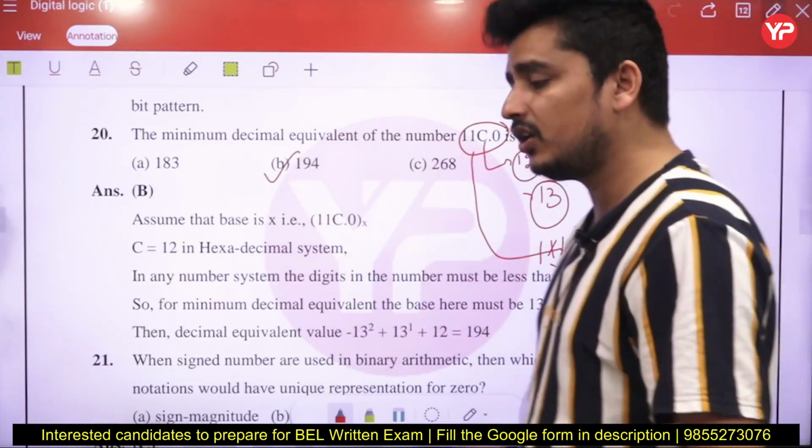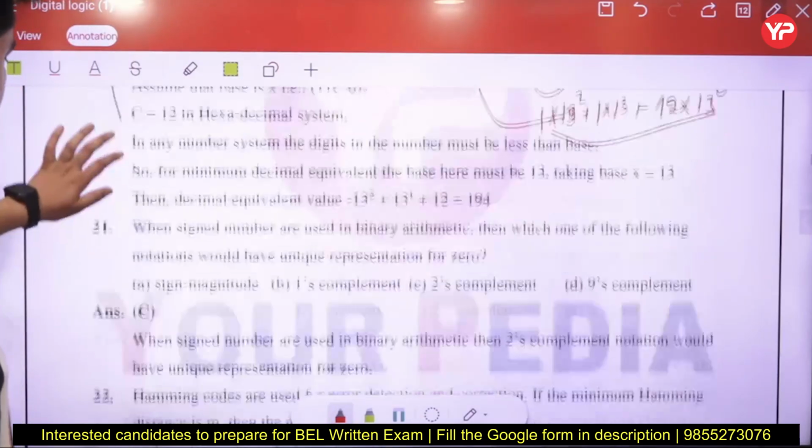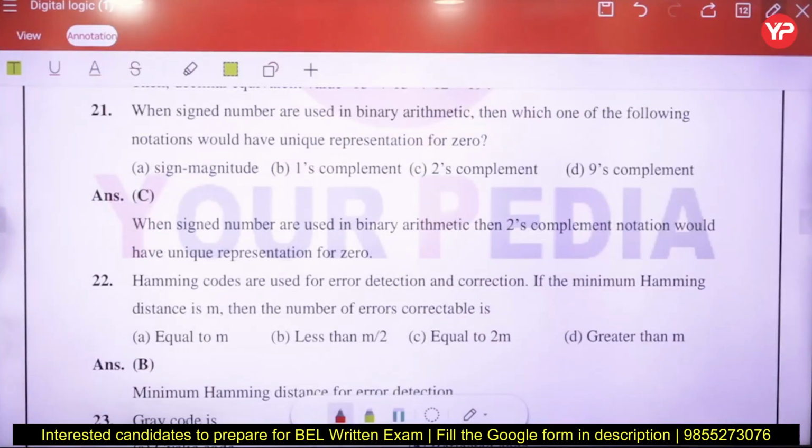So these are the tricky questions. These are very important for a BEL exam. So basically the last question is, when signed numbers are used in binary arithmetic, which of the following notations would have a unique representation for 0? I already discussed this thing.